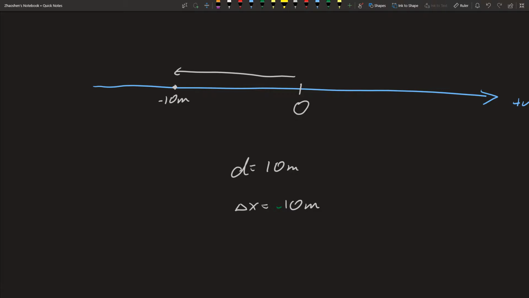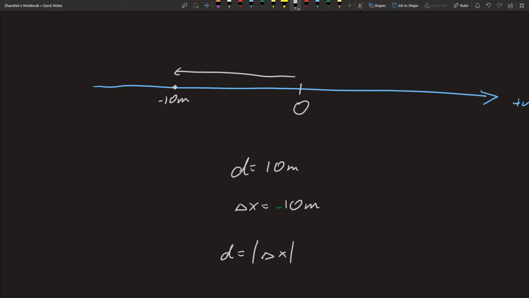That means you're going towards the negative sense. Okay, so we must know that distance and displacement, they're not the same. So can we make some more guesses about their relationships? We could guess that the distance is the absolute value of the displacement, which will work in this case.